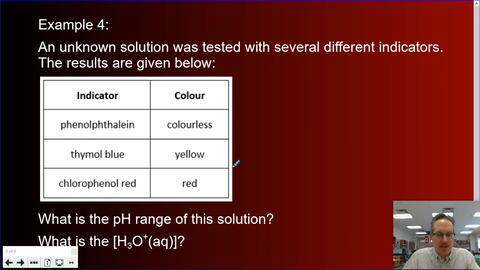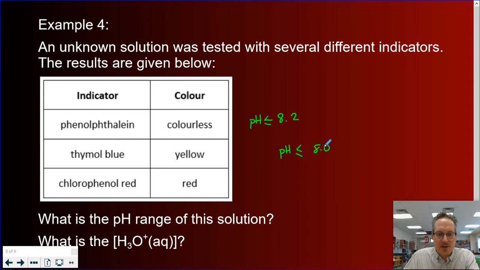So phenolphthalein, when is it colorless? It's colorless when the pH is less than or equal to 8.2. Thymol blue is yellow. Oh, there's a range here. Thymol blue is yellow when the pH is less than or equal to 8.0.